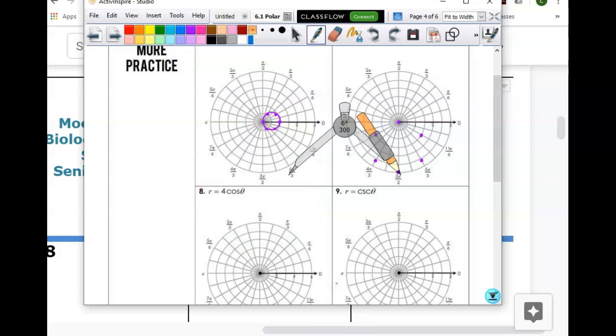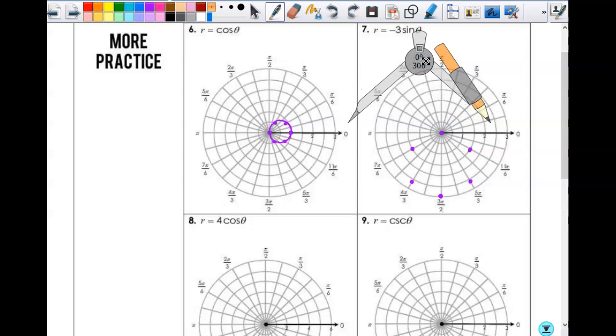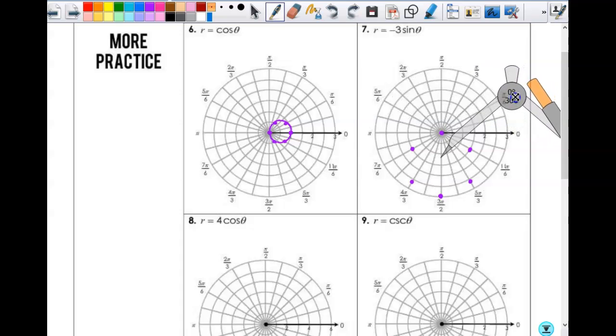Okay, now I want to show you, because this is pretty cool. What is the radius of this circle? 1.5, okay? How do we know that? Because clearly the diameter is 3, so the radius is 1.5, right? Which means I can set the compass to 1.5, put the tip right there, and bring this in.